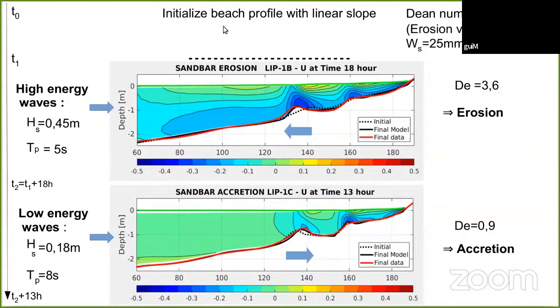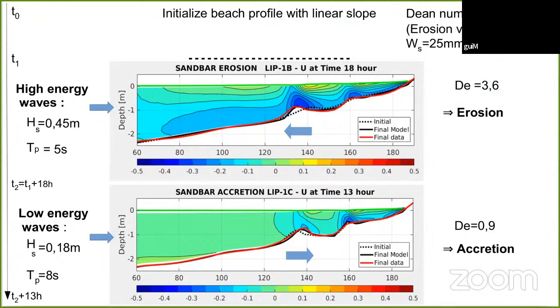So what happened there on the top? You can imagine a linear slope, and for the first scenario of erosion, we apply high energy waves. This is the wave information you apply there. I also put the DIN number.